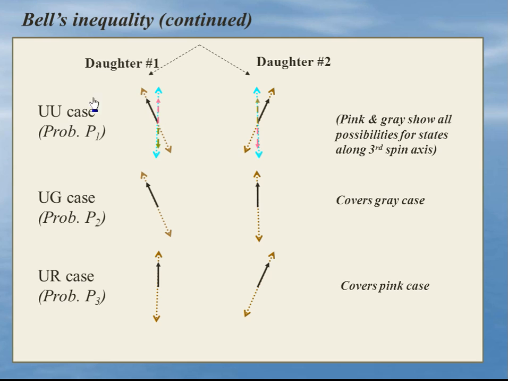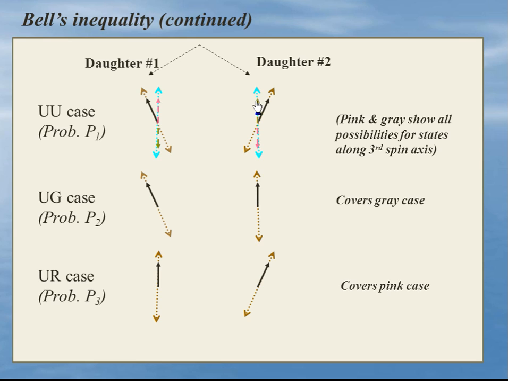So let's look at all the UU particles that match with the green case. Okay? The UU particles that match with the green case would also receive this detection if the detectors were set up this way. Why? Because we're saying that we have the green case, so these two spins are anti-parallel. So that means that daughter 2, if measured along this axis, would measure positive.